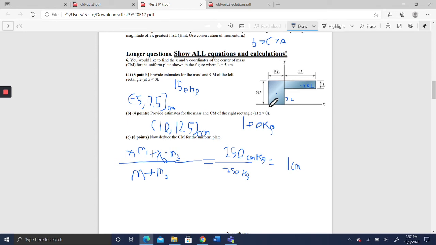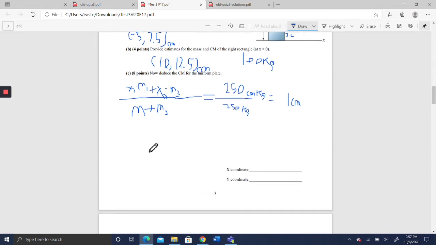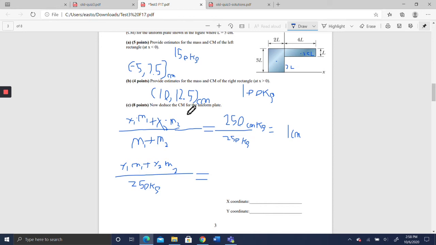Now for our next one, that's our x. For y, it's the same thing. y1, m1, plus y2, m2, over the total mass. Since we already calculated the total mass, it's going to be 250 as well. And now we just plug in our values. We have 12.5 and 7.5.